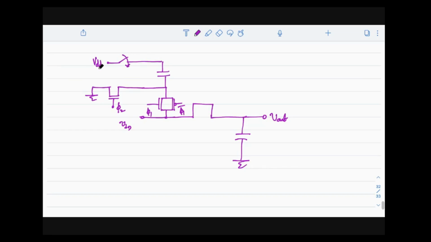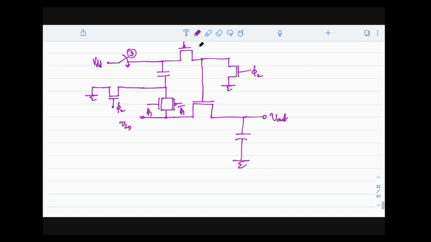On this side it is VDD, and here this is switch number 3. And from this point we have one switch, which is a PMOS switch based on the discussion, and this is connected to this point. And from here we have another switch, and the gate of this is connected to phi 2.